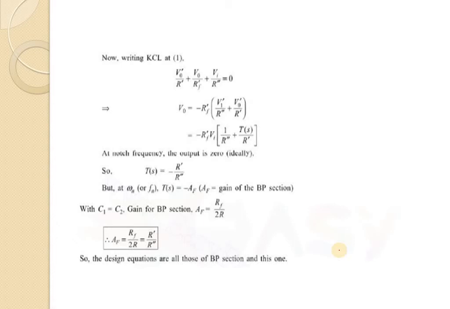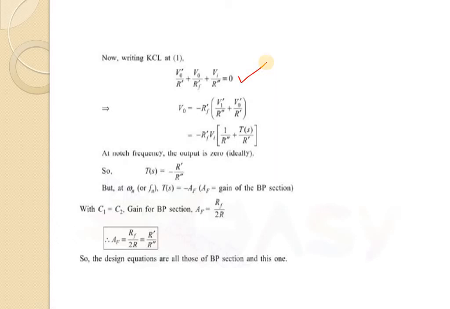Writing this KCL at equation 1, we can get V0'/R' plus V0/RF' plus Vi/R'' equals 0.